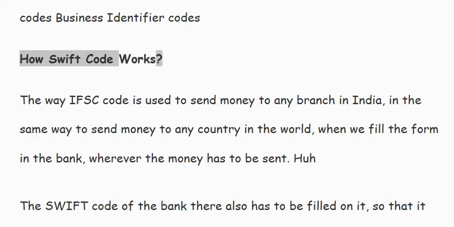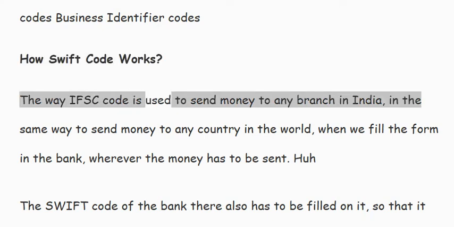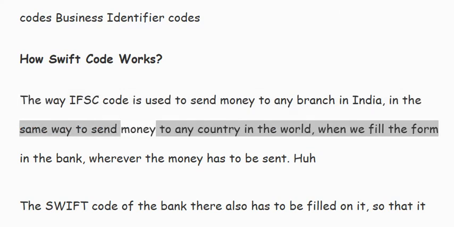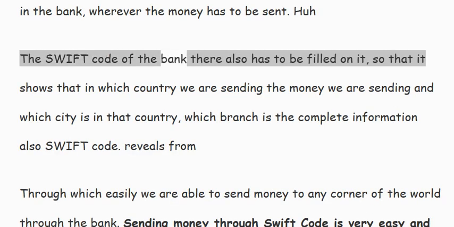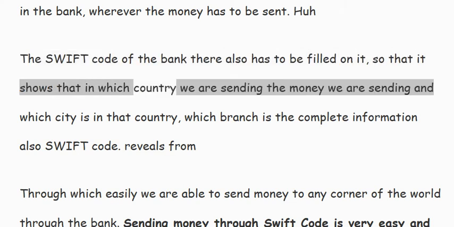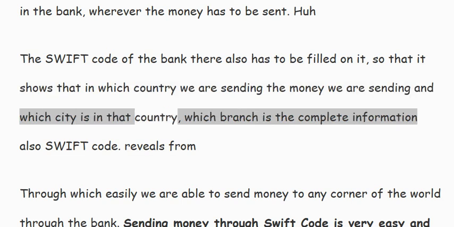How does SWIFT code work? The way the IFSC code is used to send money to any branch in India, in the same way, to send money to any country in the world, when we fill in the form in the bank, the SWIFT code of the bank there also has to be filled in, so that it shows which country we are sending the money to, which city in that country, and which branch it is, the complete information.